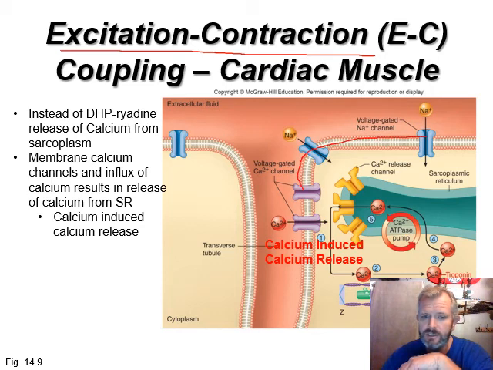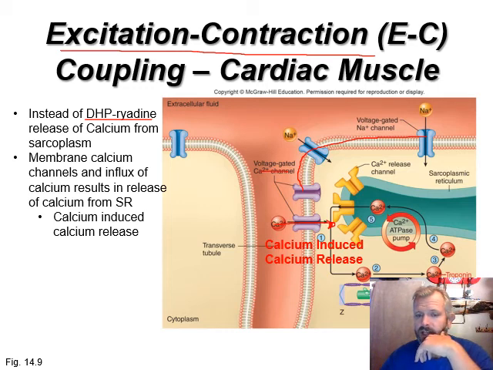But when we get to the T tubules here, there is no DHP and ryanodine receptors. Basically, there are voltage-gated calcium channels, which are going to allow calcium to move in.